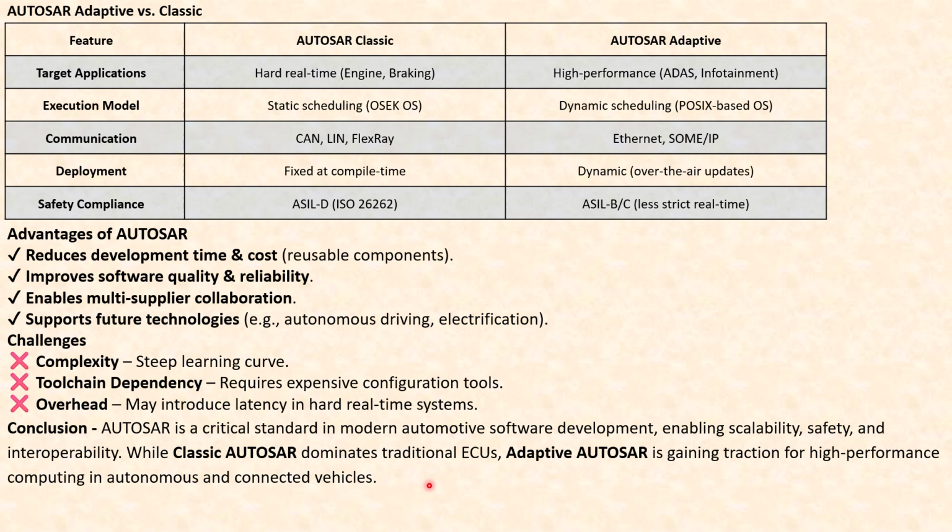So you can come to a decent conclusion that Adaptive AUTOSAR plays a more important role in ADAS, because ADAS is a very important step in moving towards L5 level or autonomous vehicle level.